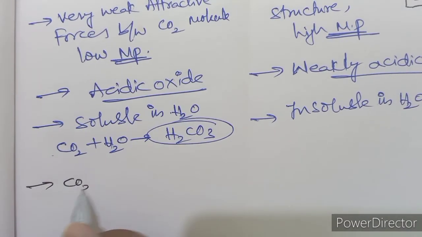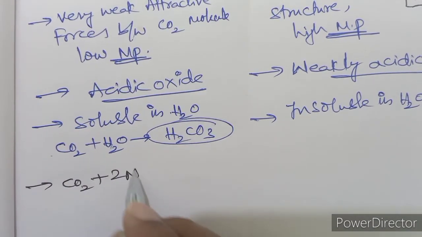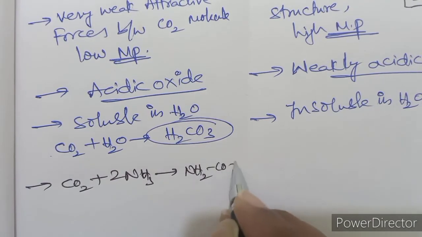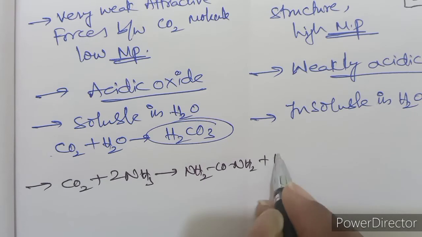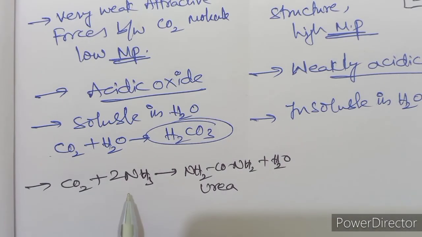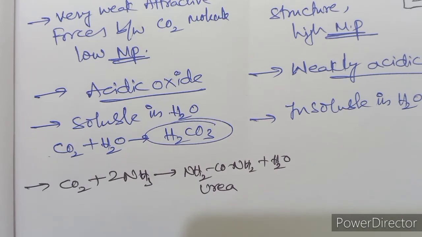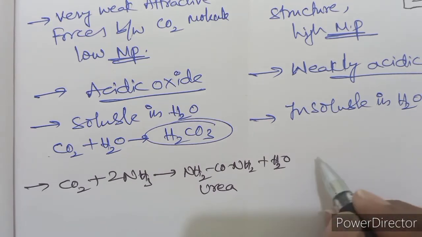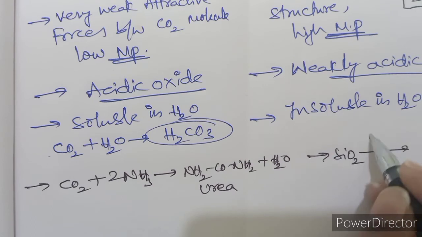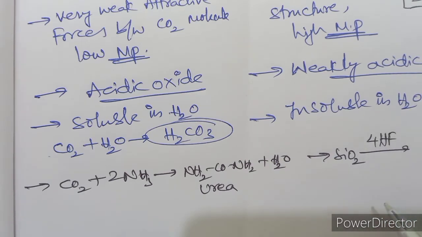Next, CO2 reacts with ammonia and forms urea like this. Urea is formed when CO2 reacts with ammonia. Whereas this SiO2 is insoluble in all acids except HF.